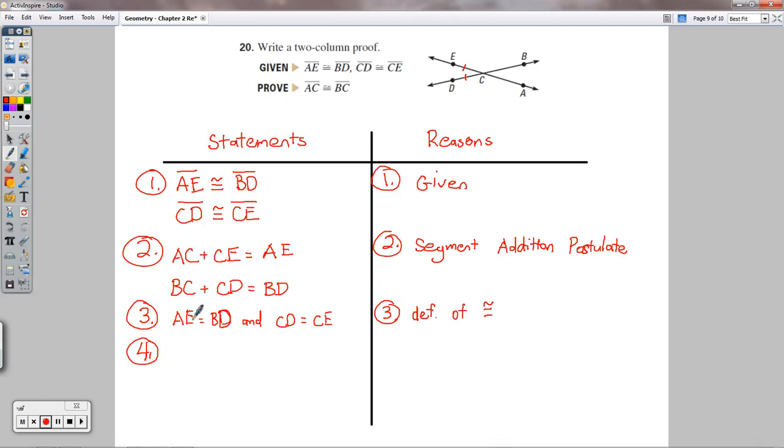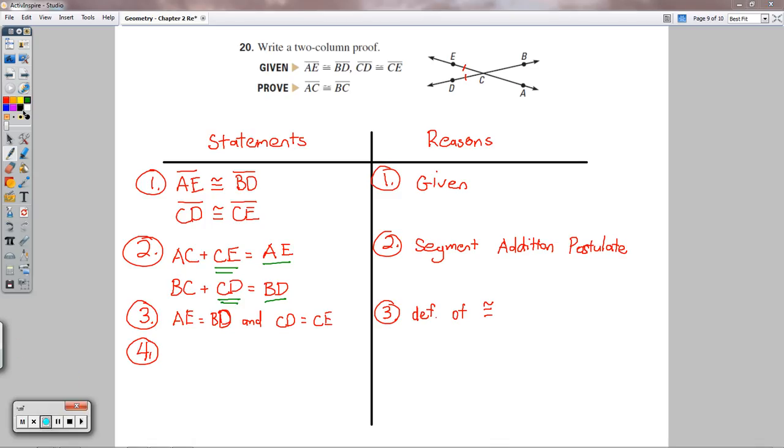So we've got AE equal to BD. I'm going to circle some things up here. AE equal to BD, so this equals this. And I know that CD equals CE. This one equals this one. So how can I get to AC being equal to BC?